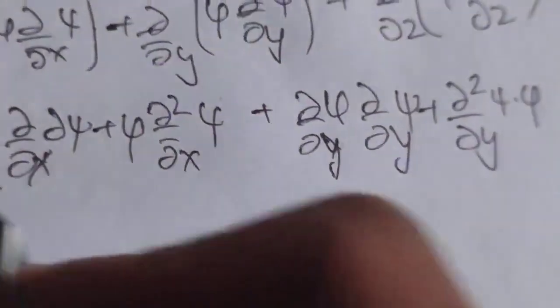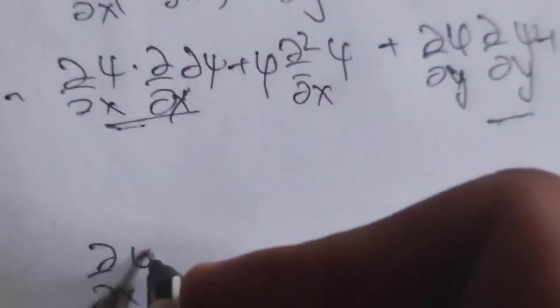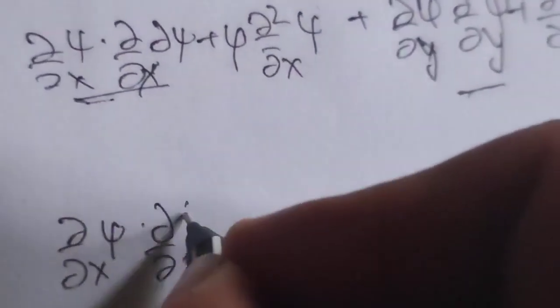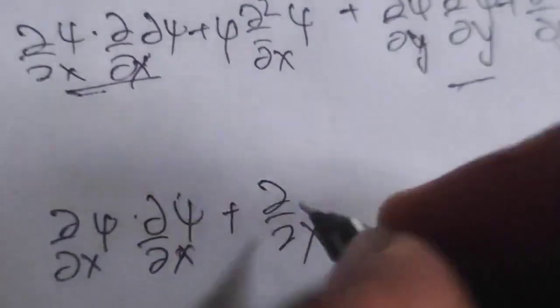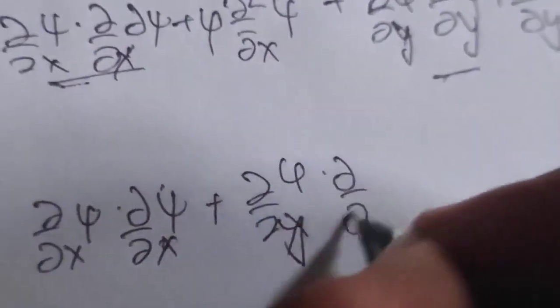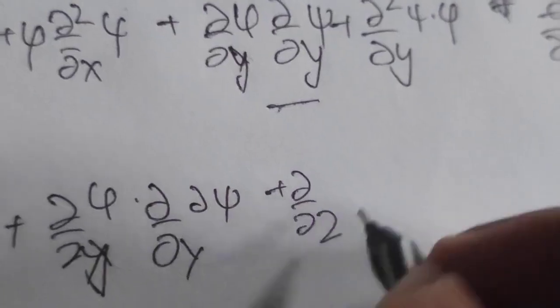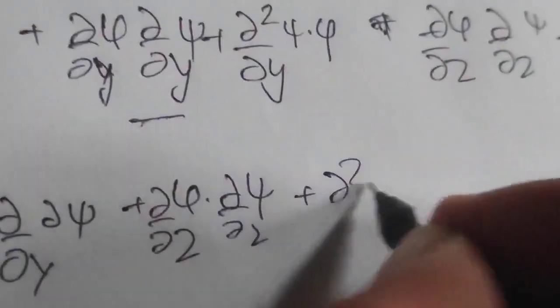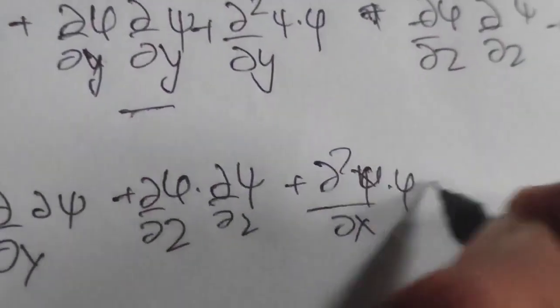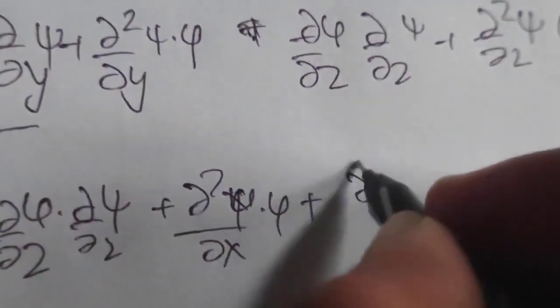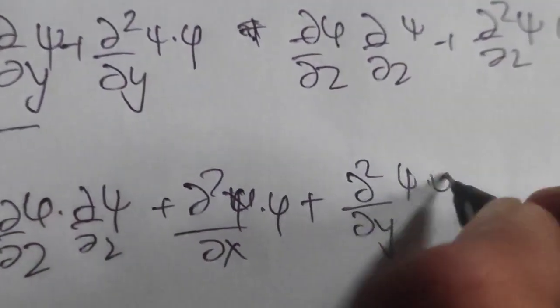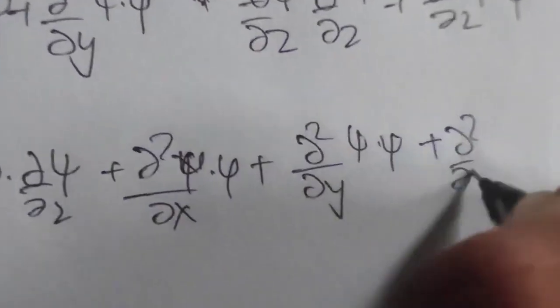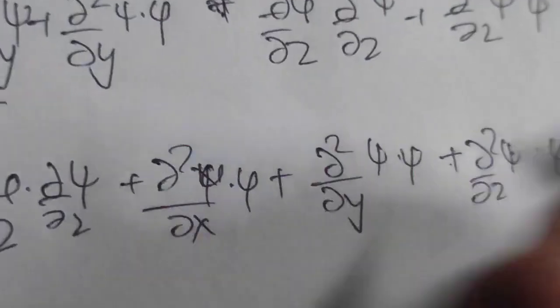Now take all of this together: del phi upon del x into del psi upon del x plus del phi upon del y into del psi upon del y plus del phi upon del z into del psi upon del z, plus phi times del squared psi upon del x squared plus del squared psi upon del y squared plus del squared psi upon del z squared.